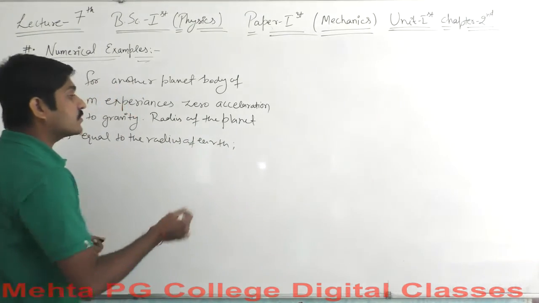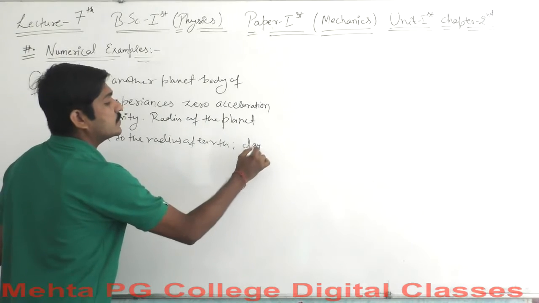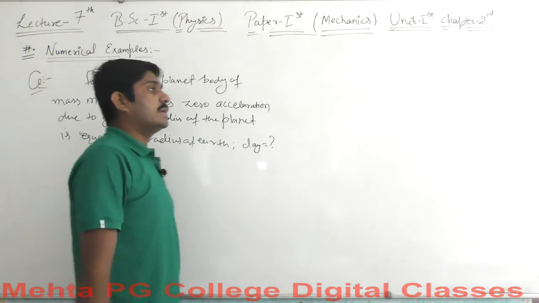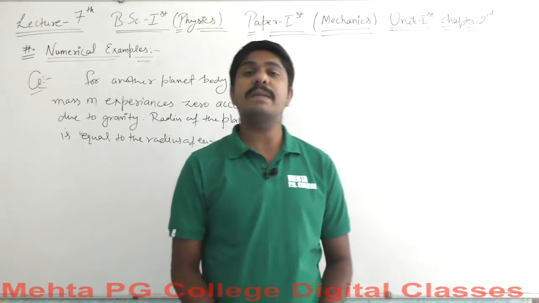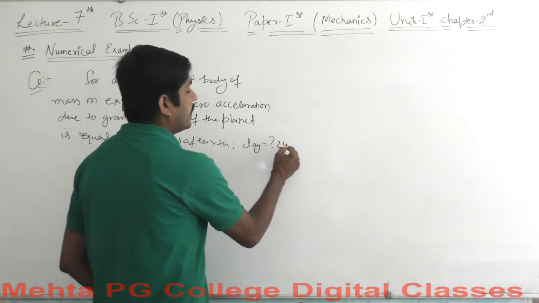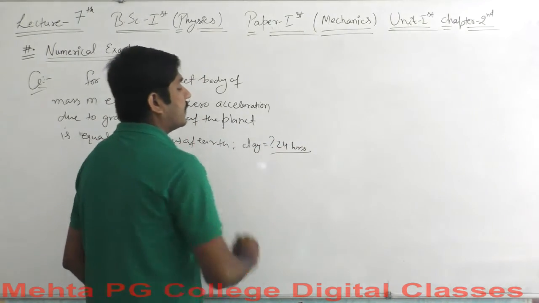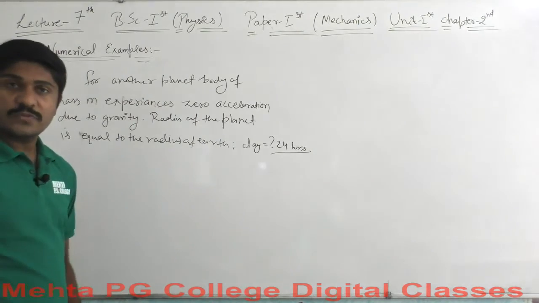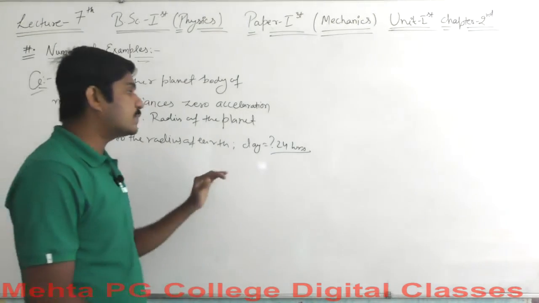And we have to find out what the day length there should be, how much time that day will be. You know that on Earth a complete day is about 24 hours. Yes, we got a day value of 24 hours, but let's find out the day value for this planet.